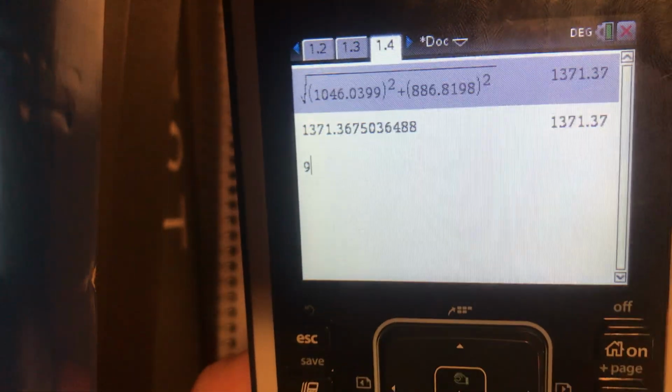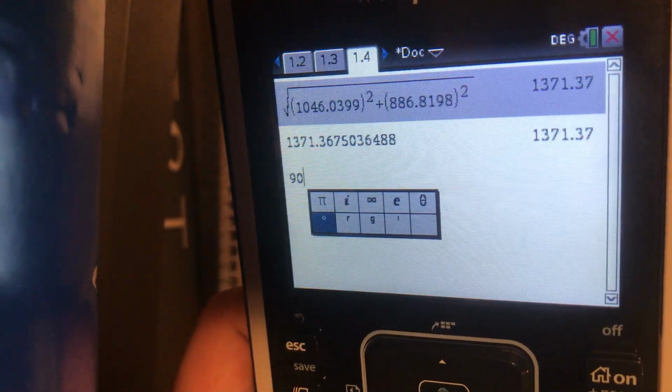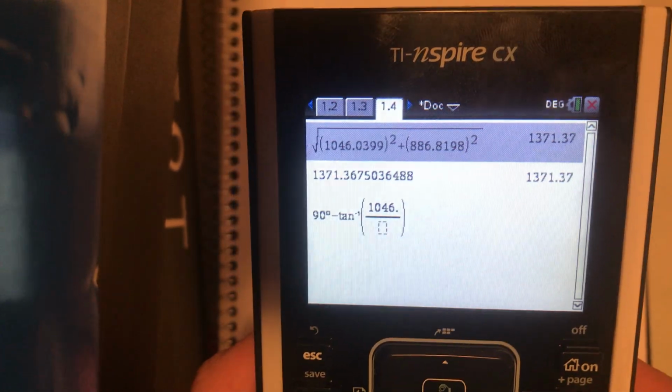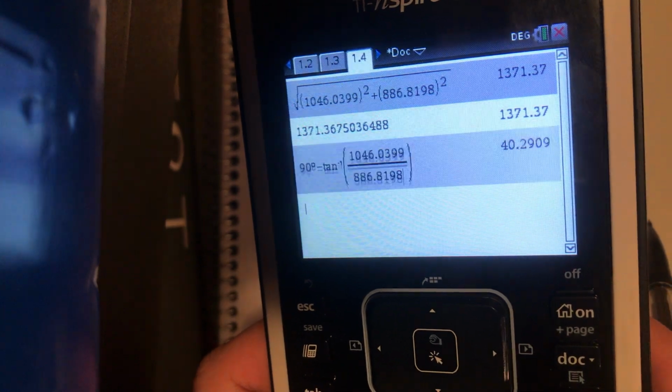So 90, then minus 10 minus 1. You get an estimate of that.